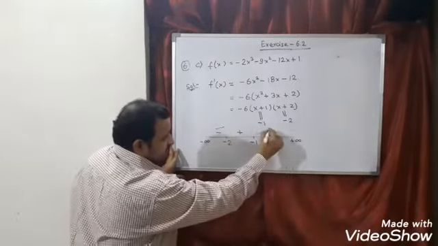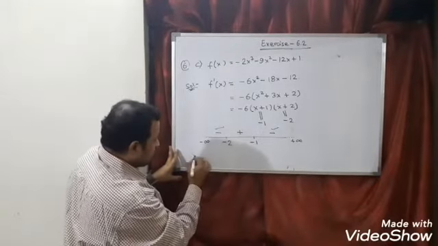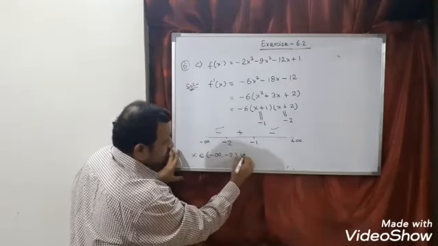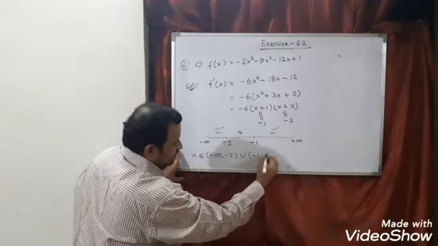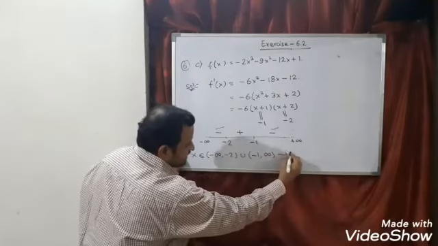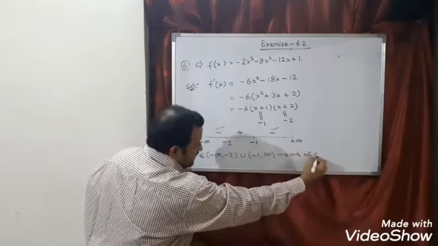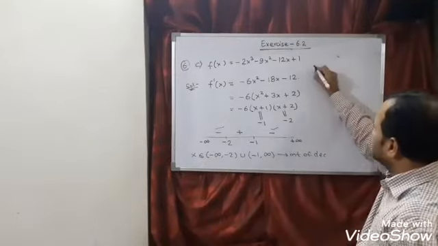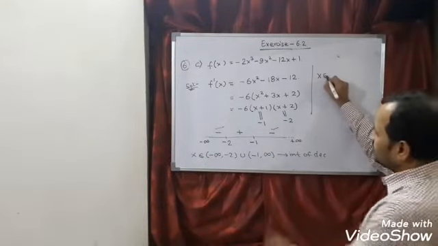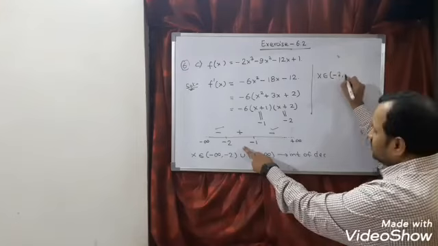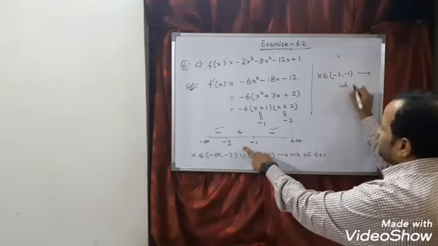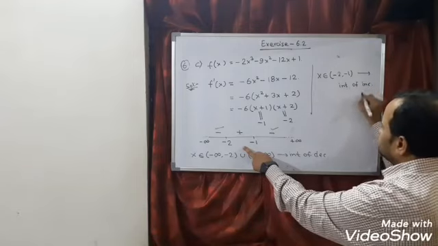So negative sign represents what? Decreasing. So x belongs to minus infinity to minus 2 union minus 1 to infinity. This is interval of decreasing. And what about this? So x belongs to minus 2 to minus 1. This is nothing but interval of increasing.